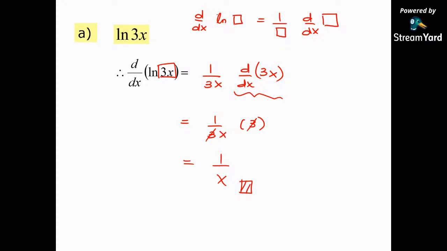Again, the formula: d over dx of ln of something is 1 over that something, and then differentiate that thing. So for d over dx of ln 3x, we get 1 over 3x, copy down, and differentiating 3x gives 3. Simplify 3 over 3 to 1, so we get 1 over x. Okay, next.